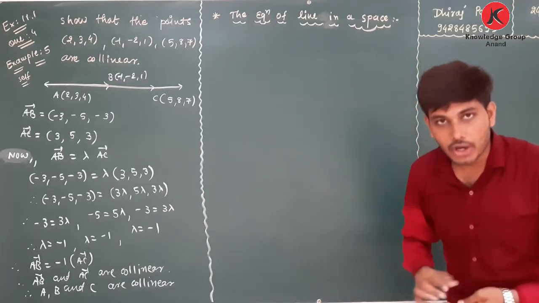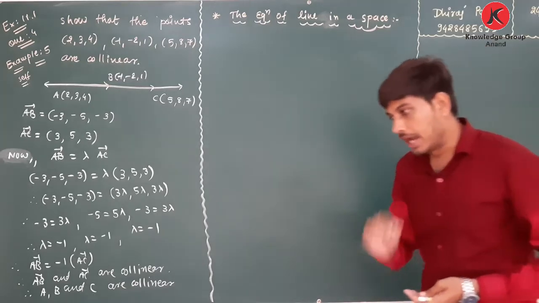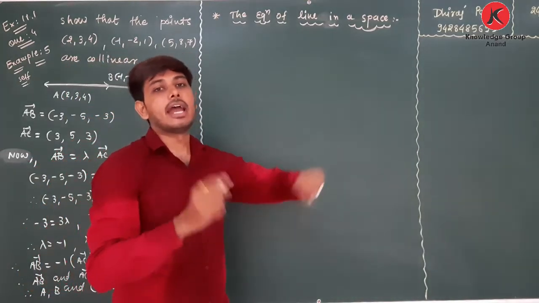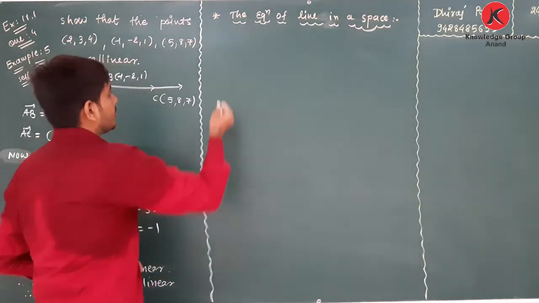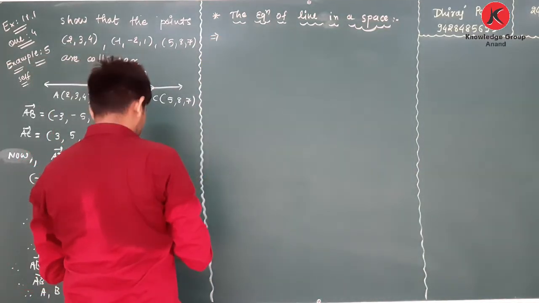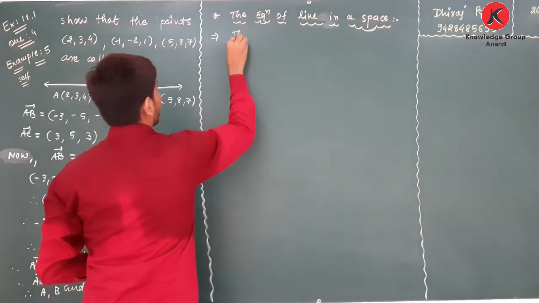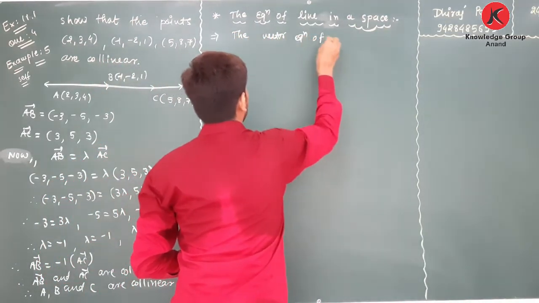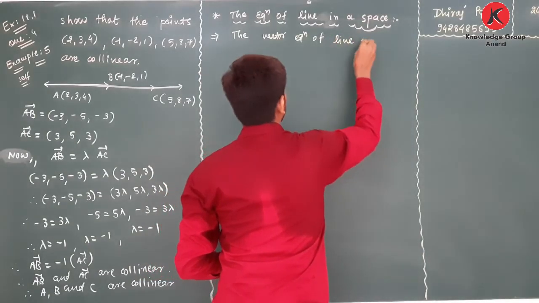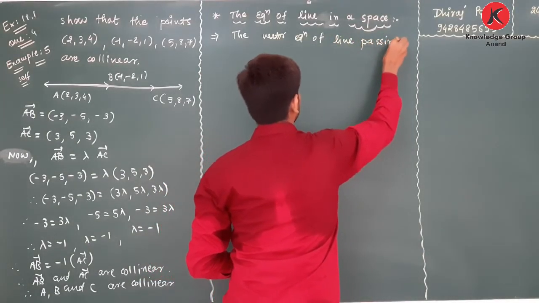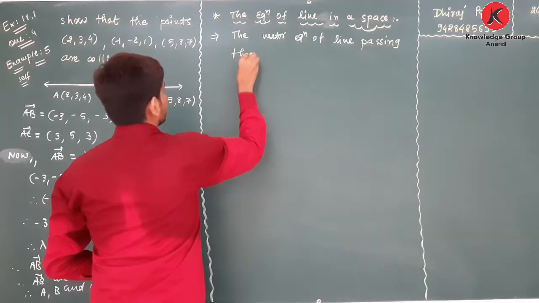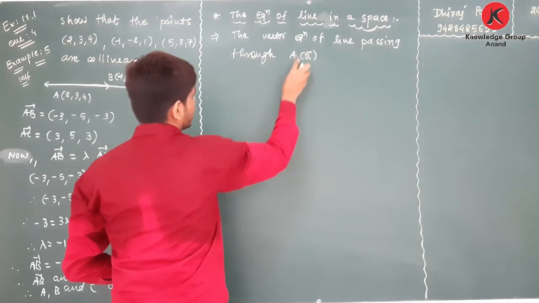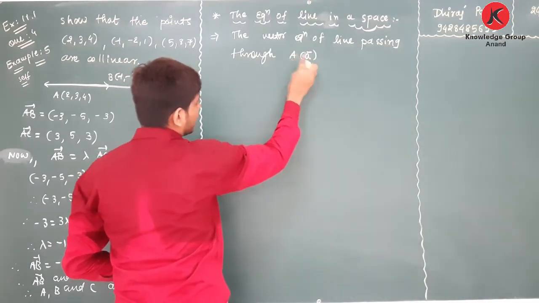passing through the point A bar, and the direction of line is given by L bar. Okay, the vector equation of line passing through the point A bar. Okay, the position vector of point A is given here as A bar.